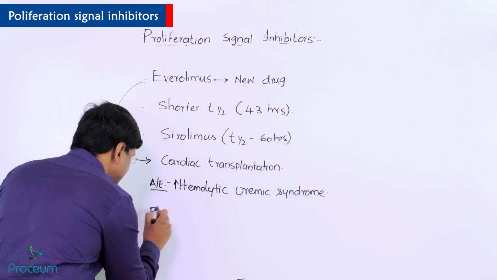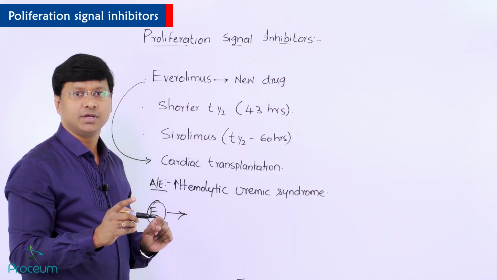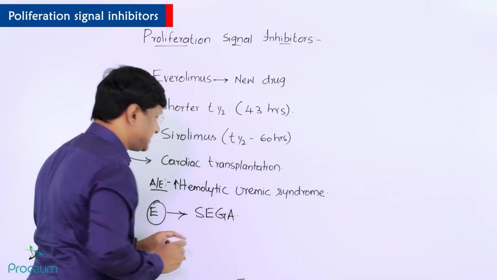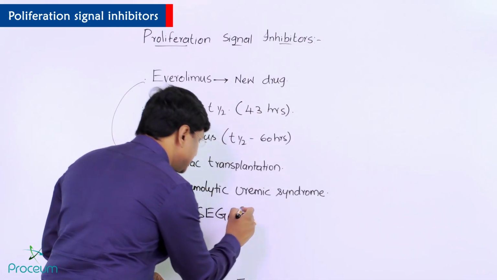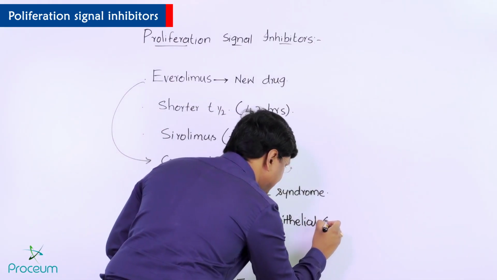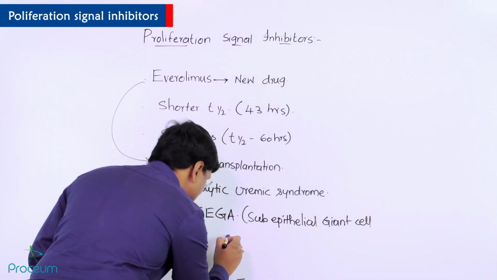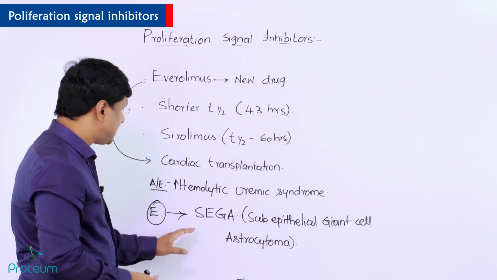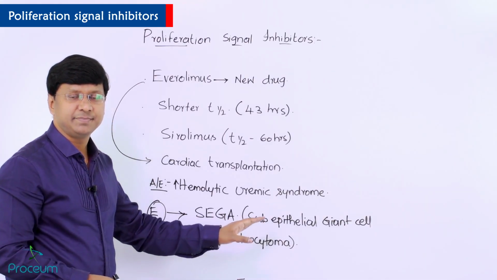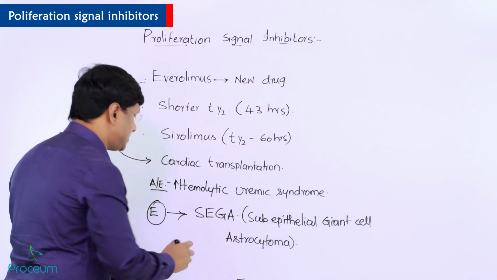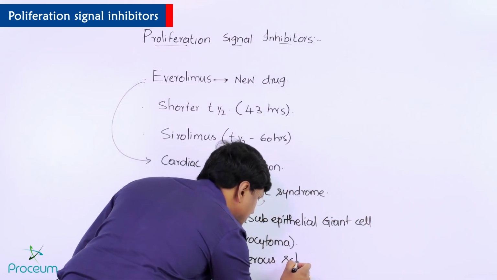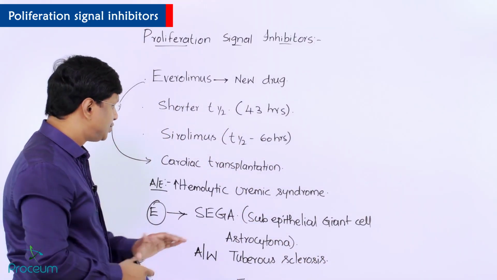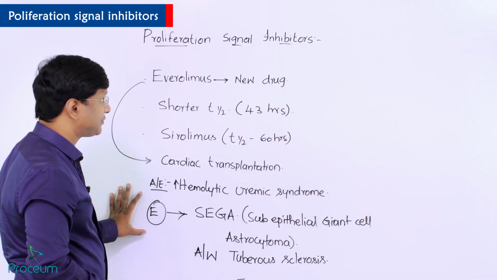Now which condition is subependymal giant cell astrocytoma associated with? It is associated with tuberous sclerosis. So this is about everolimus.